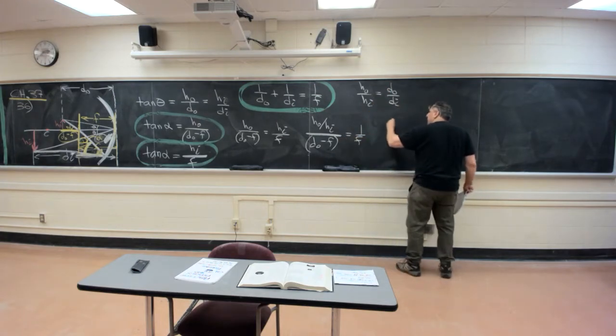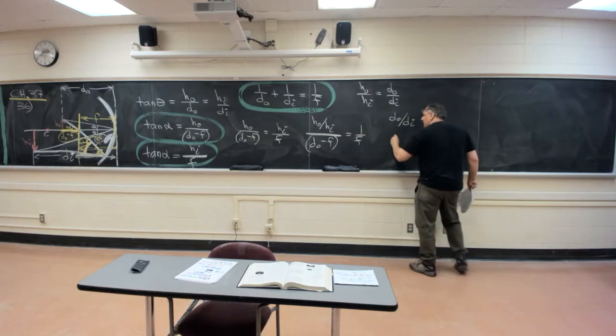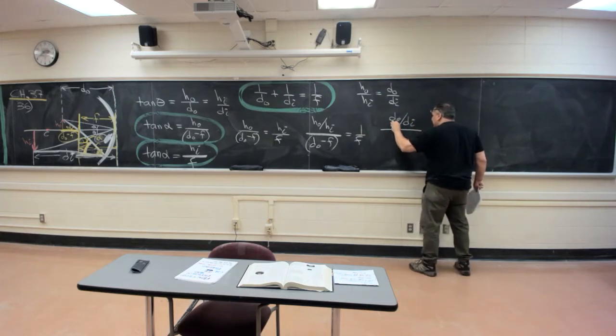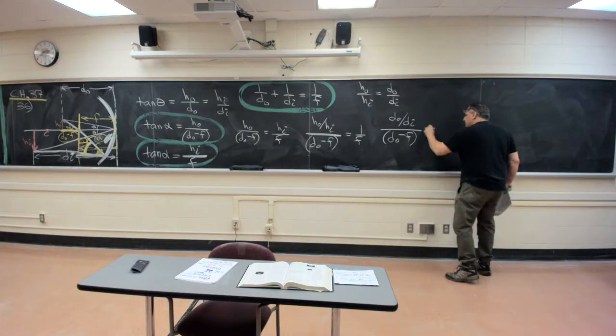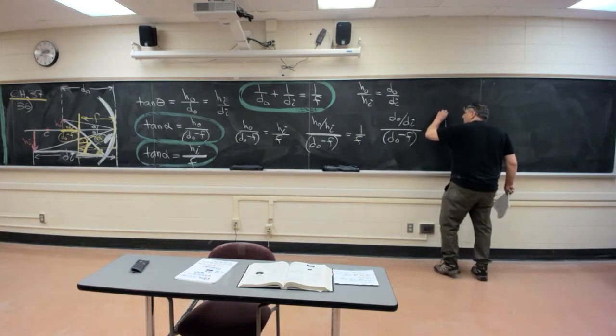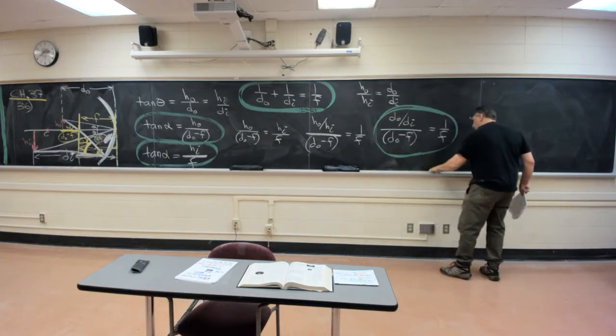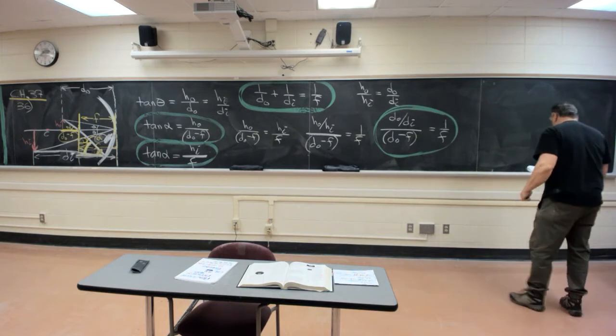Let's deal with it. DO over DI is the same as HO over HI equals 1 over F. All right, we got to here. It's looking pretty good.